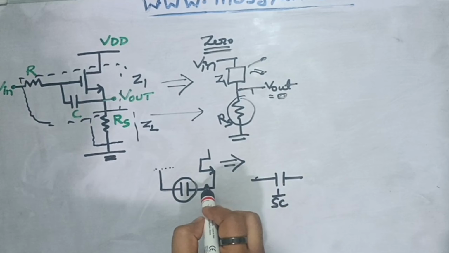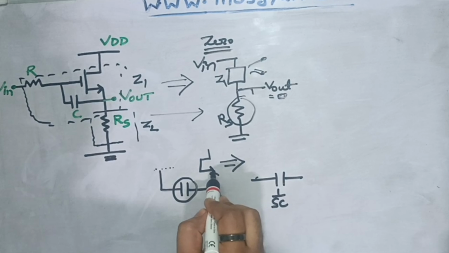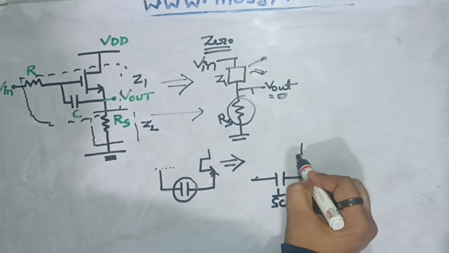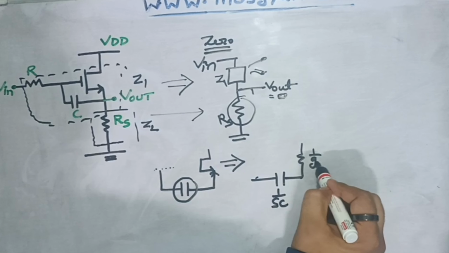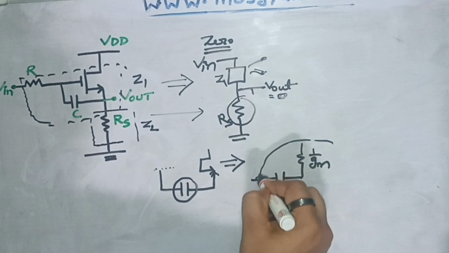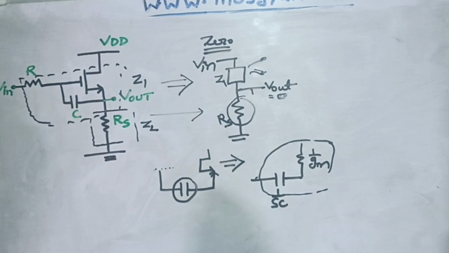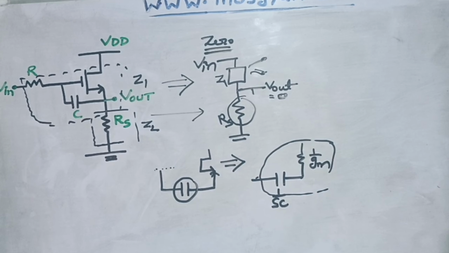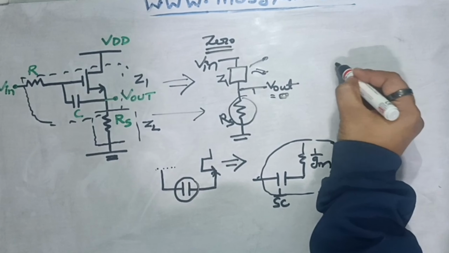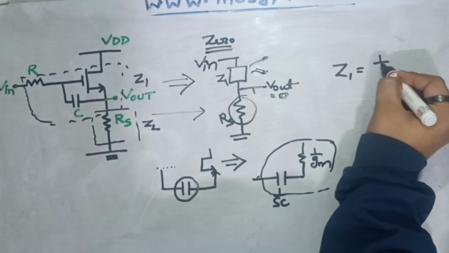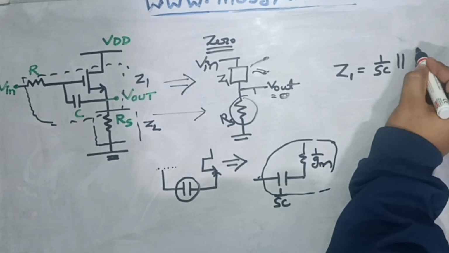And if I start looking at the impedance from the source of this MOSFET, it will have 1 upon gm. So these two parameters will form Z1 for me, and these two are coming in parallel. So if I have to write the Z1 value, that would be equal to 1 upon sC in parallel with 1 upon gm.